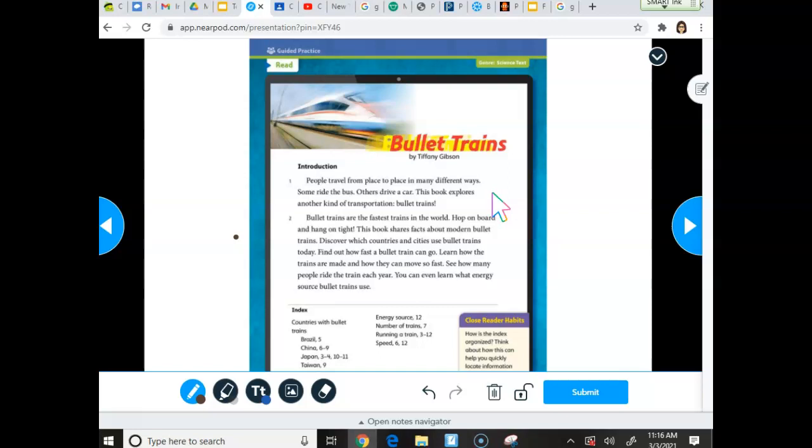Then you're going to reread it to make sure you understand the information that you read using the text features. All right, let's see what we have today. All right, touch the title. All right, here's our title. What is it? Bullet trains. That's right, bullet trains.